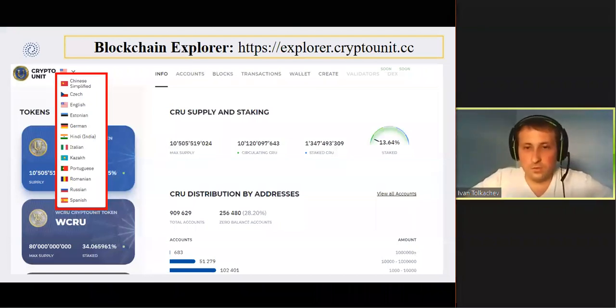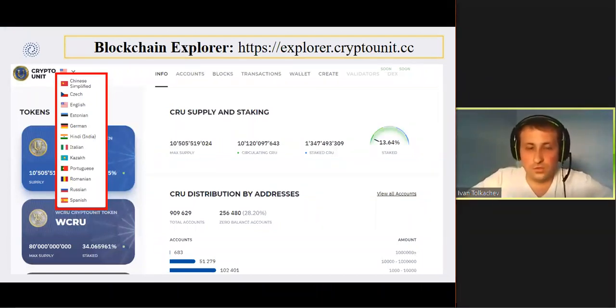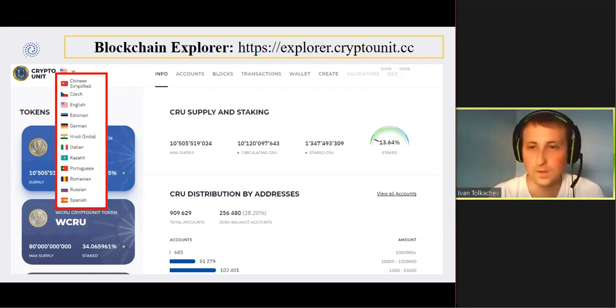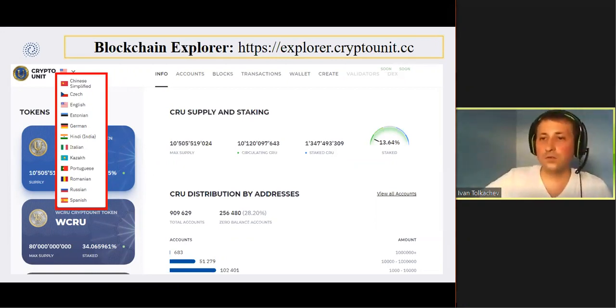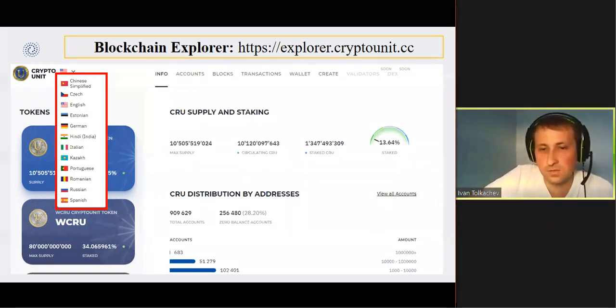And now, let's have a look at Blockchain Explorer. Explorer means the same in English, and to get to this page of the Explorer, you should type explorer.cryptounit.cc in the browser field.